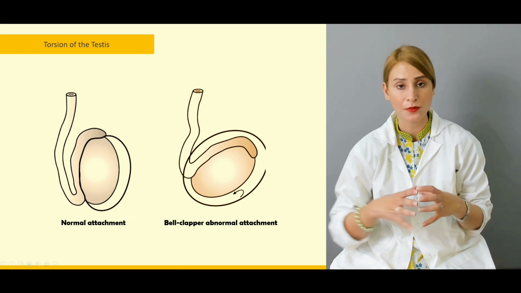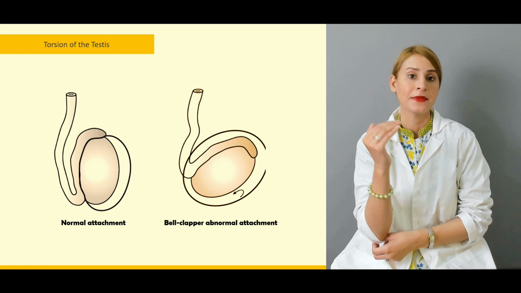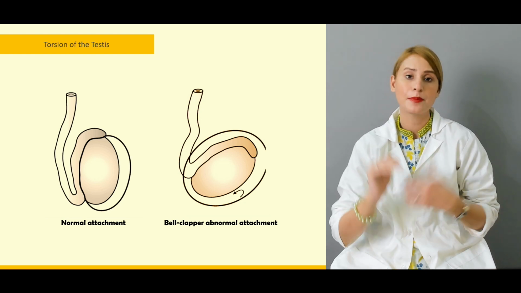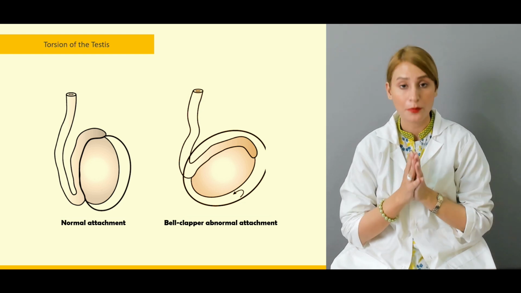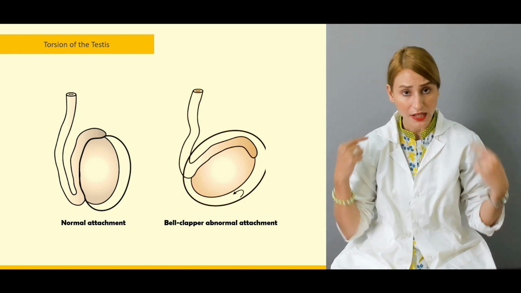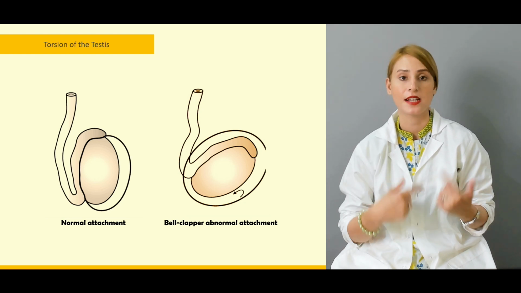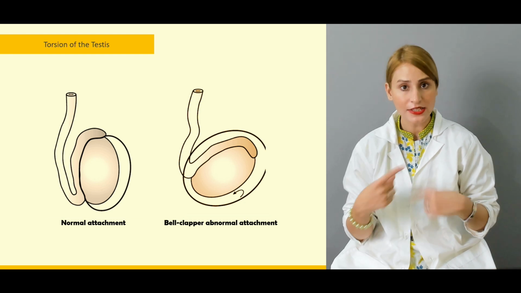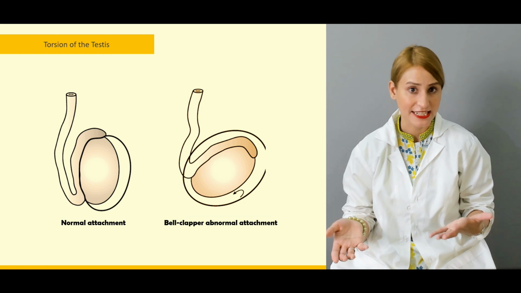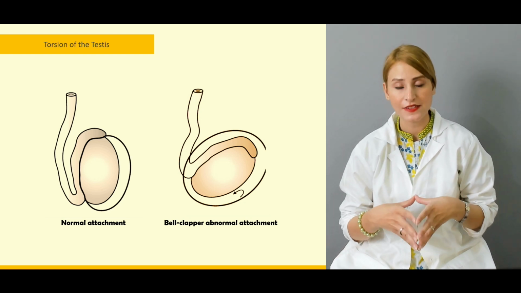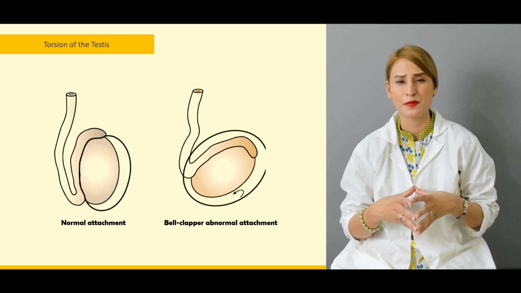Because of this abnormal attachment, the testes twist around itself, or the cord. Because of that torsion, the testicular artery is compressed, and the main supply of the testes is through the testicular artery, which is coming from the abdominal aorta. So whenever that testicular artery is compressed, in case of the bell clapper abnormal attachment, the testes undergo necrosis and they become dead.